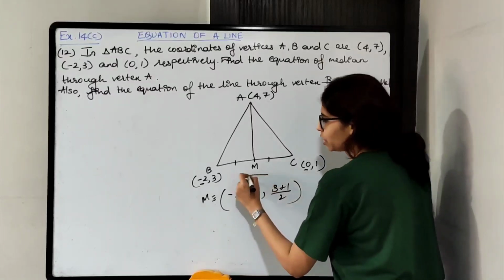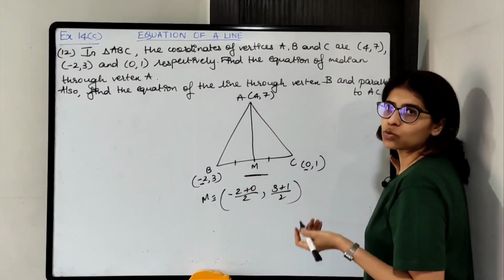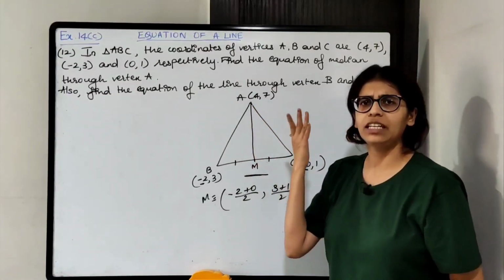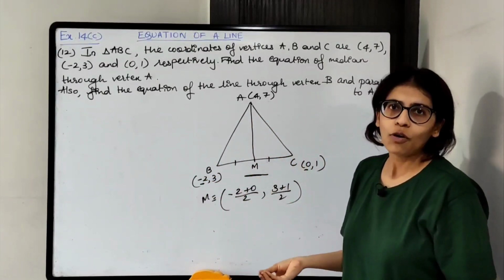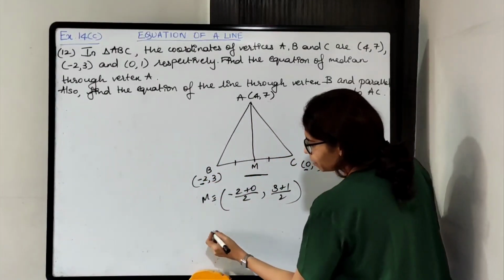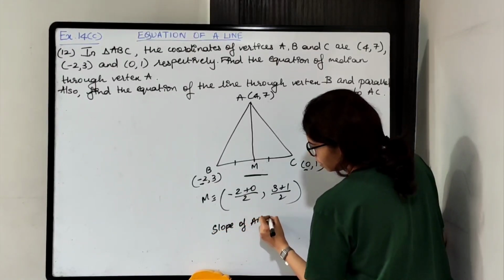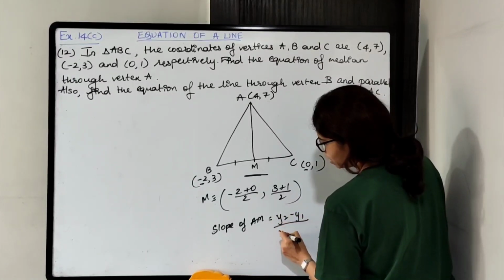Okay. Once you get the coordinates of M, A and M का coordinates पता है. So to find out the equation of the line AM is very easy using 2 points form. First we'll find out the slope of AM. So slope of AM क्या हो जाएगा? It will be y2 minus y1 upon x2 minus x1.